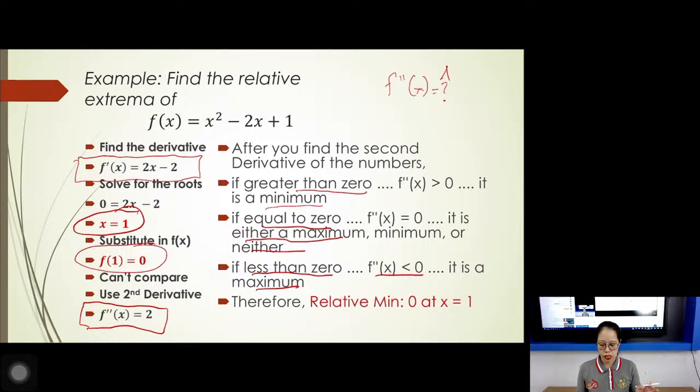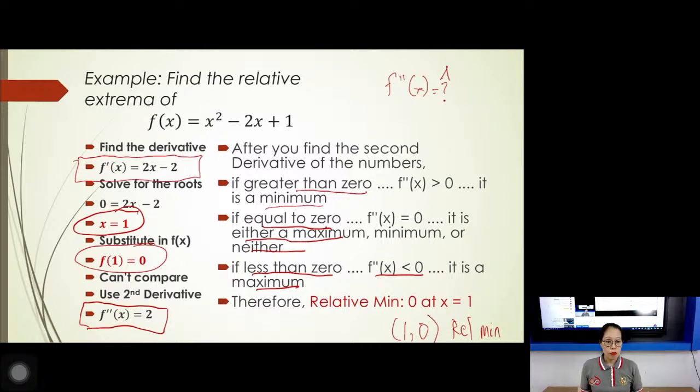So you can now write your conclusion. Therefore, the relative minimum is 0 at x equals 1. Again, you can write it as an ordered pair, (1, 0). This is our relative min.